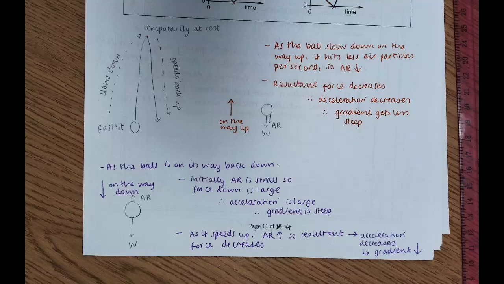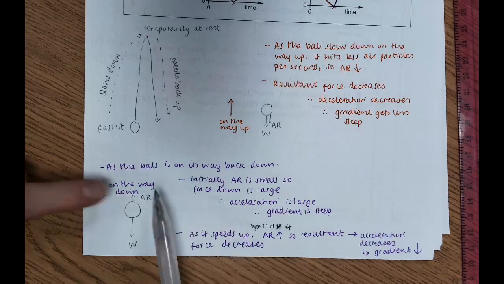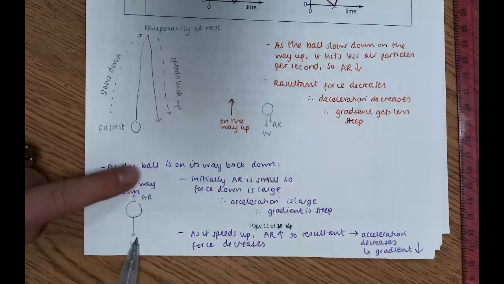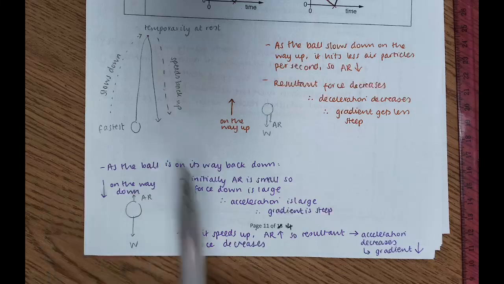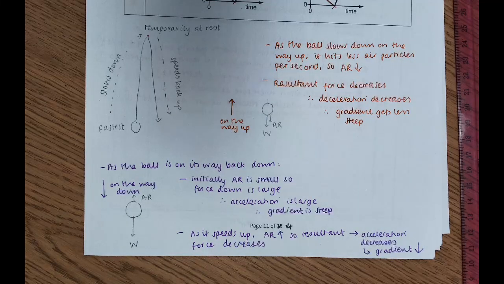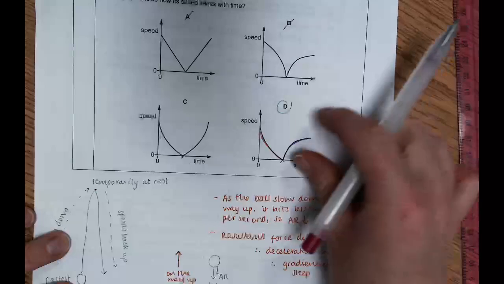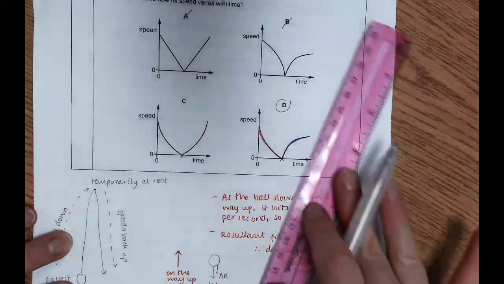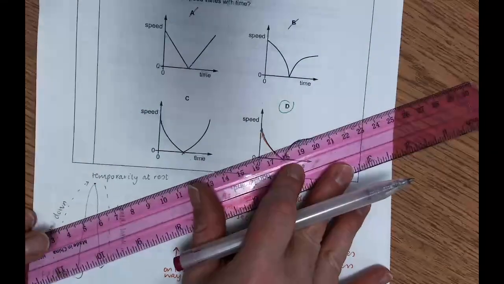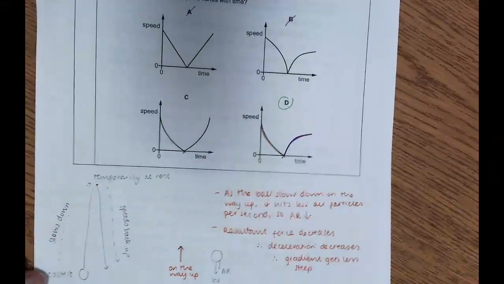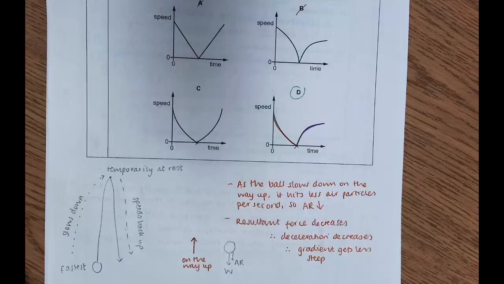It hits more air particles per second. So what that means is the air resistance starts to match the weight. So the overall force gets smaller, which means that the acceleration gets smaller, which means that the gradient also gets smaller. It also gets less steep. So that's how we get to D. So there are your multiple choices.